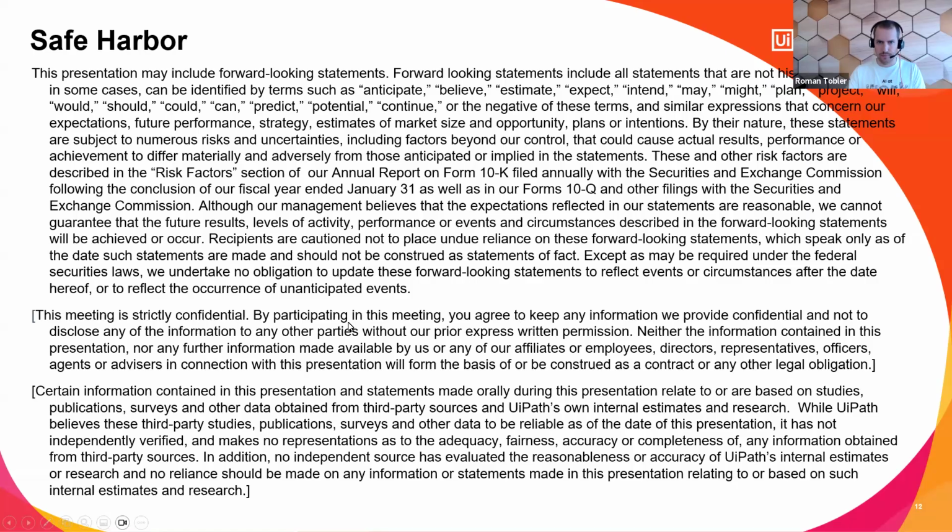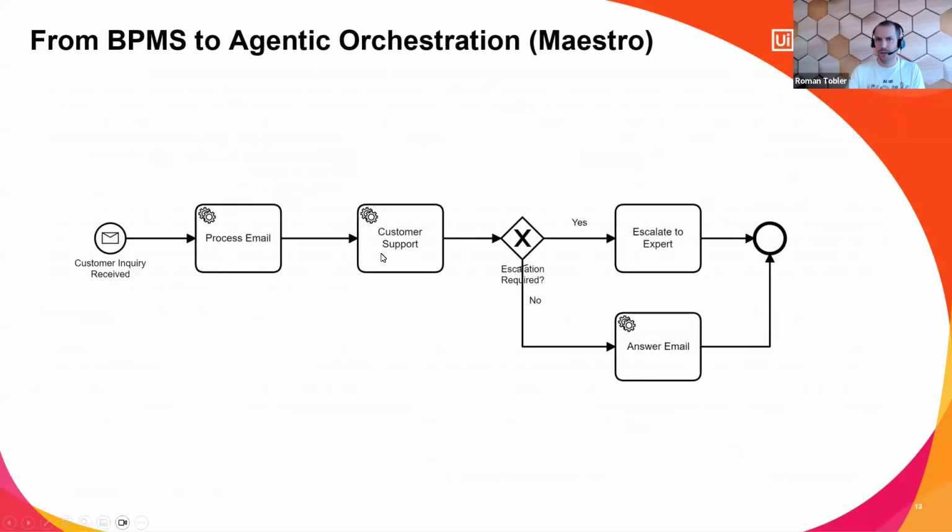What I want to show you is a very simple process. This might not be all correct; it's a really fictitious, simple process. But this, of course, is not your standard UiPath RPA sequence or flowchart.